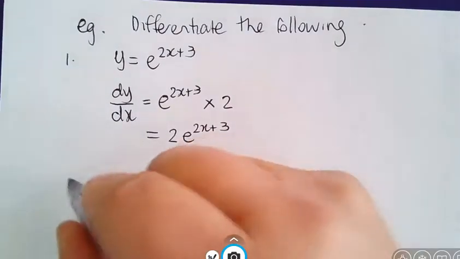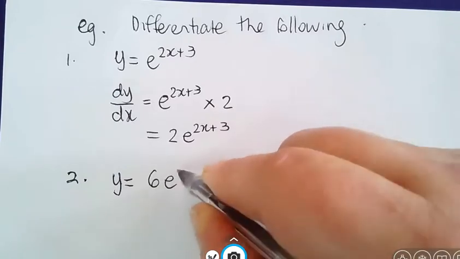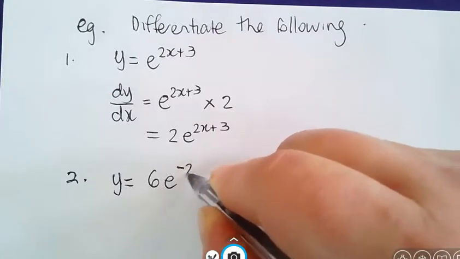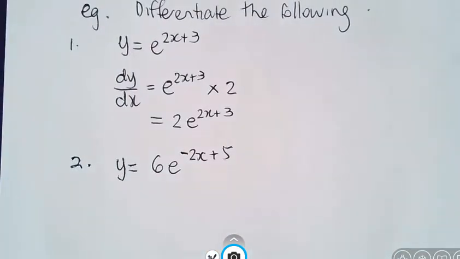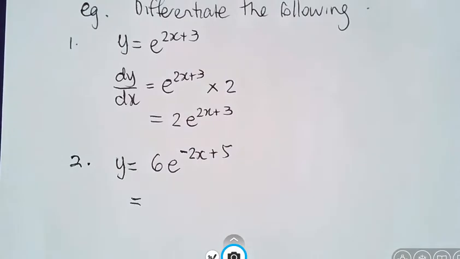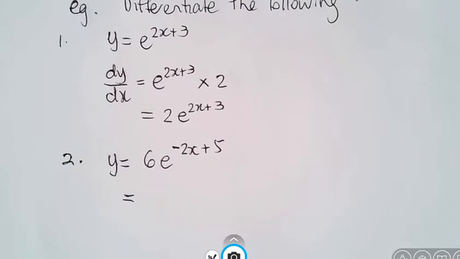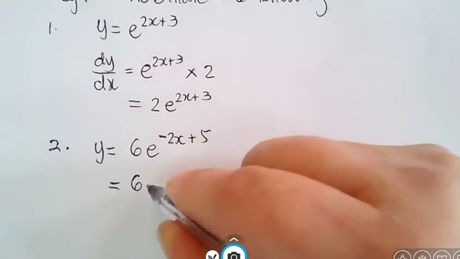All right, another one. If y equals 6e to the negative 2x plus 5. Oh, wait, maybe I'm going in a bit hard there. That's all right, you'll be fine. What happened yesterday when that 6 was out the front or the day before? 6 just stays there.